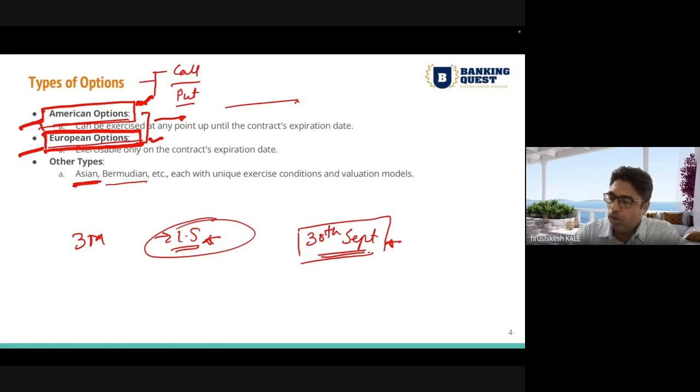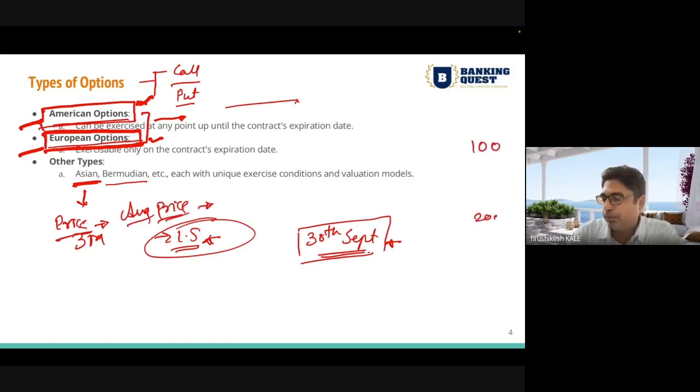Asian options we have already seen, wherein the final price at which we calculate the profit is nothing but the average price during the exercise period. Means what? We entered at 100 and at the day of expiry the price is 200.